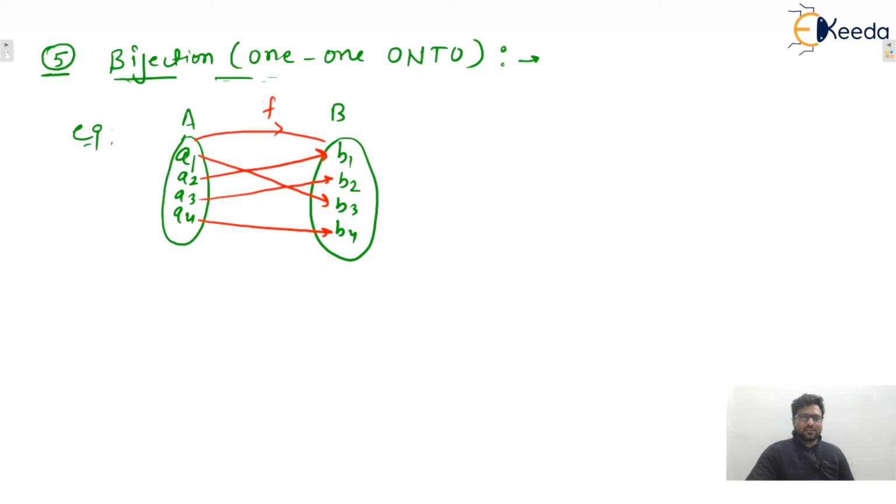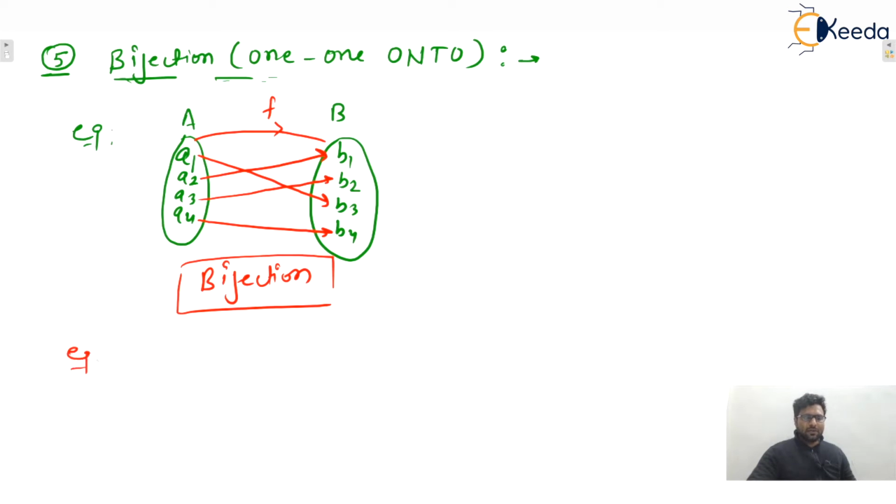So this function is bijection, isn't it? So you can conclude that if any function is bijection, that means it is one to one as well as onto, then the number of elements in set A and set B must be equal.